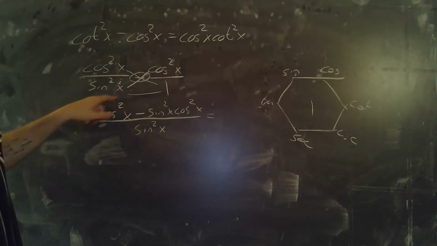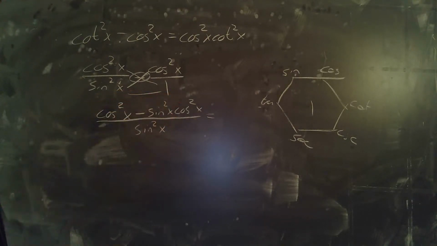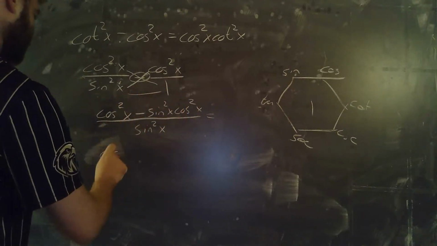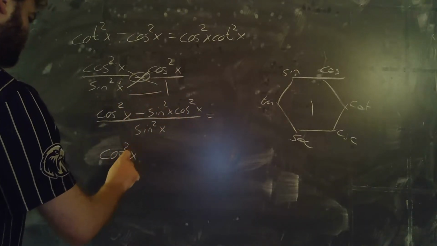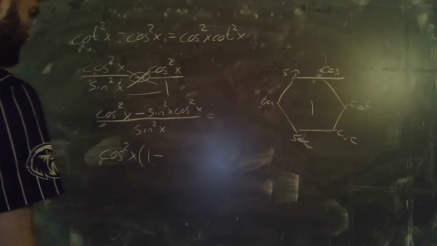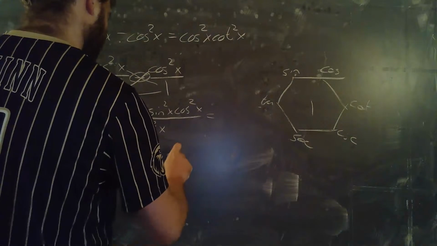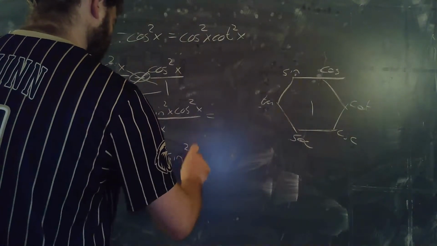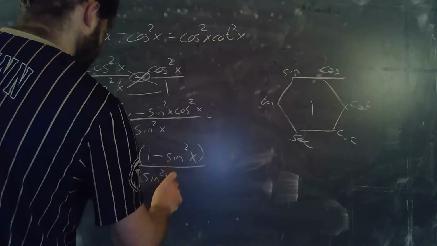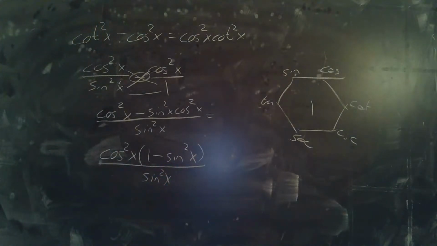Well, what do both terms in the numerator have in common? They've got a cosine squared. So if I take a cosine squared out, then I'll have cosine squared times 1 minus sine squared all over sine squared. But notice that 1 minus sine squared is just cosine squared.